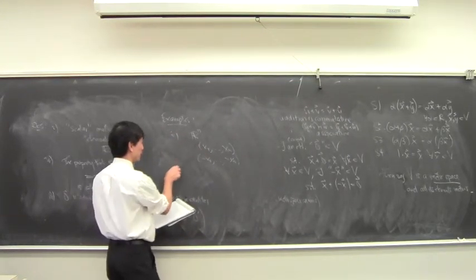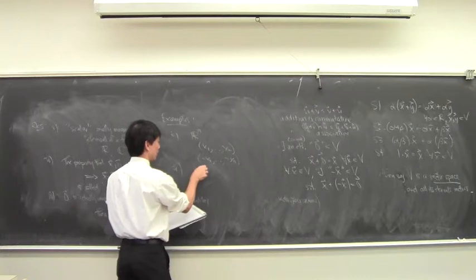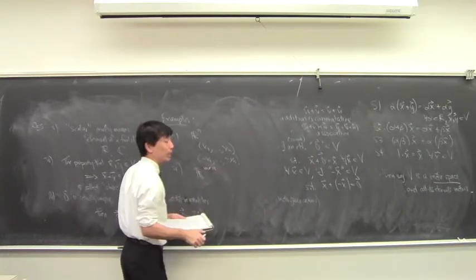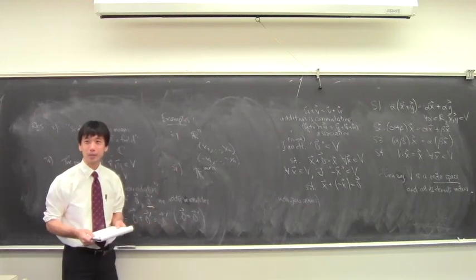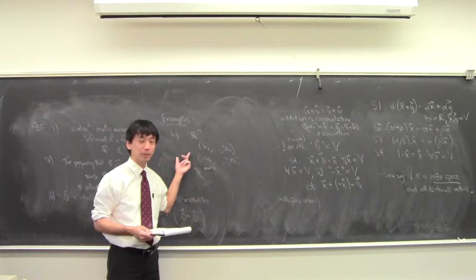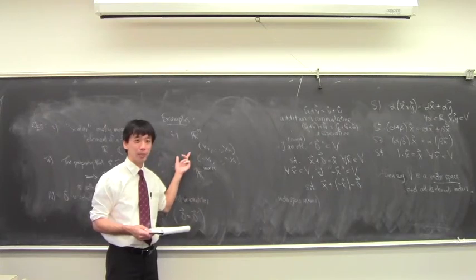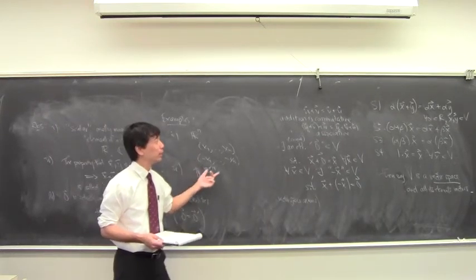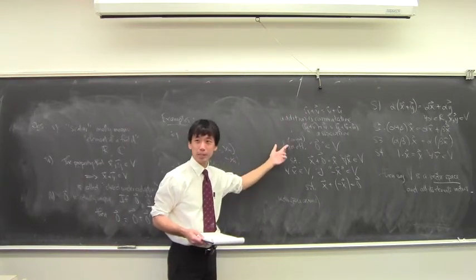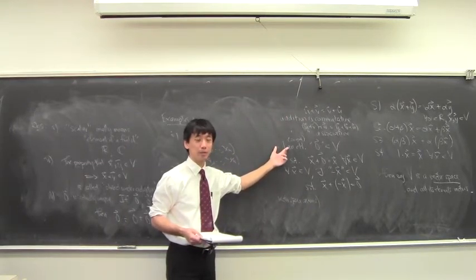Second example, matrices. The set of m by n matrices. You can add two matrices together. You can multiply them by scalars. It doesn't matter what order you add them. Addition is commutative, associative. There's a zero matrix. What's a zero matrix?